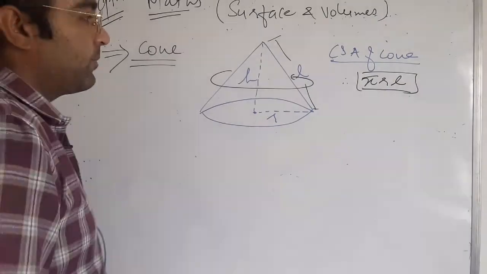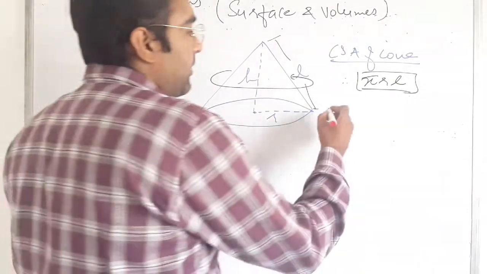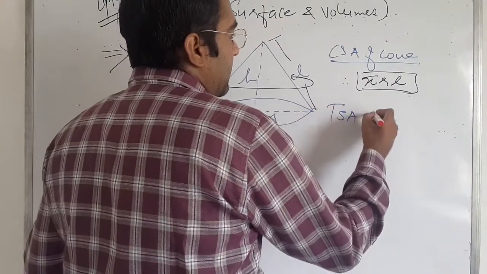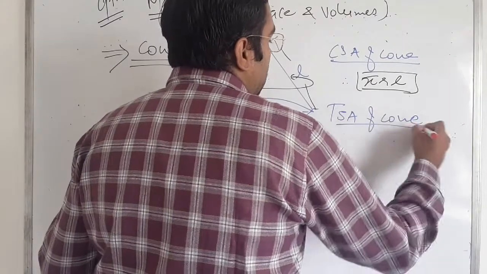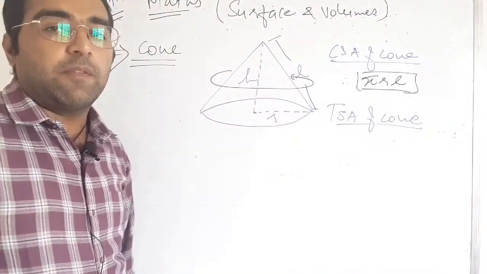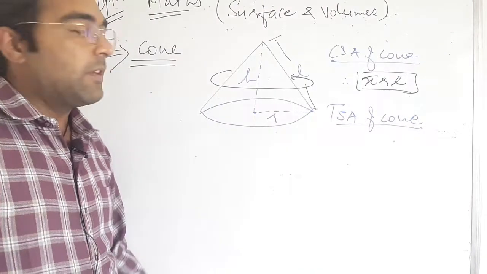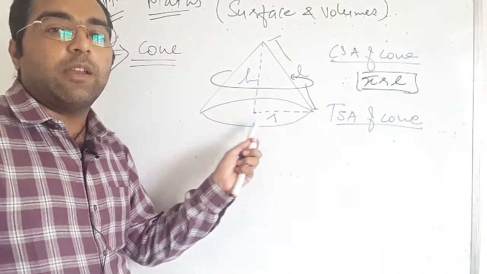Now we have to take the total surface area of the cone. Whenever we take the total surface area of the cone, that means we take the curved surface plus the area of the base.